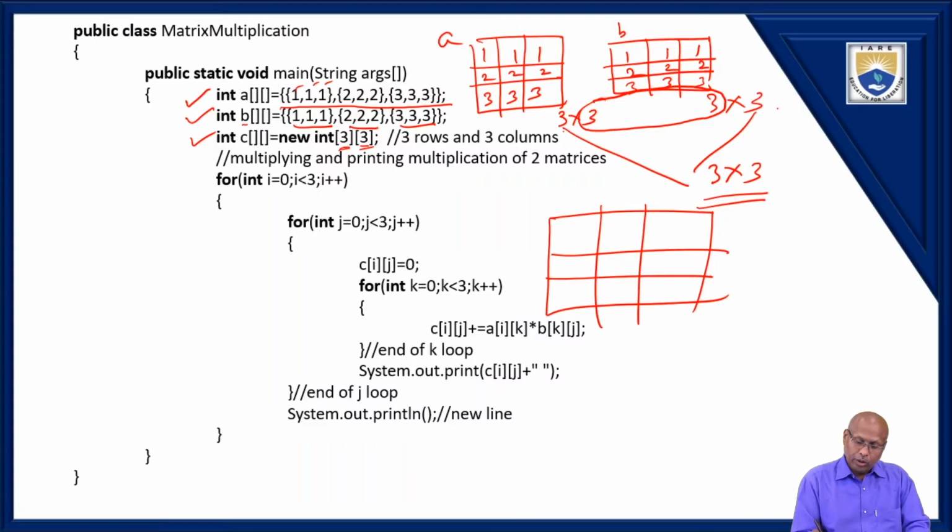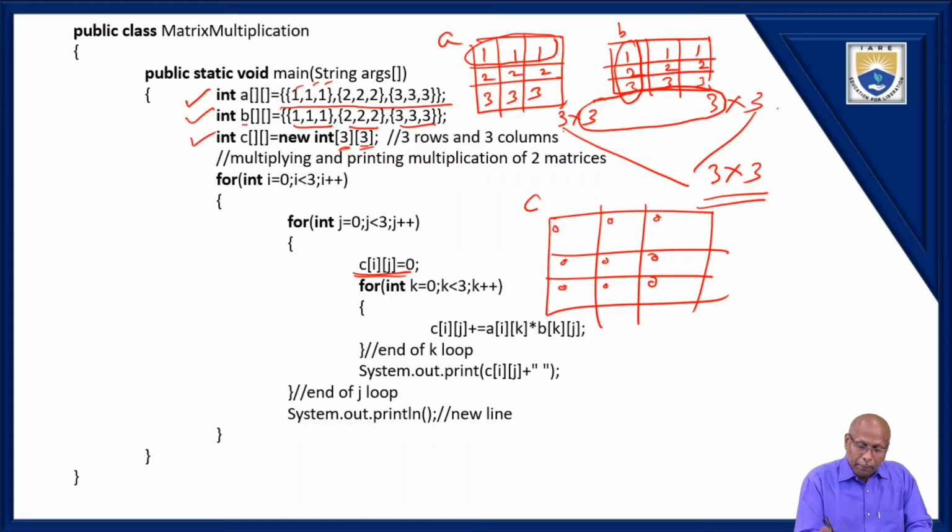For that, I have to multiply the 0th row of the first matrix and the 0th column of the second matrix. I have to multiply and add. How many times do I have to multiply? That is nothing but the number of columns of the first matrix, or the number of rows of the second matrix. That is why in my resultant matrix C, initially all the elements are filled with 0, because when you are initializing, 0 is there.